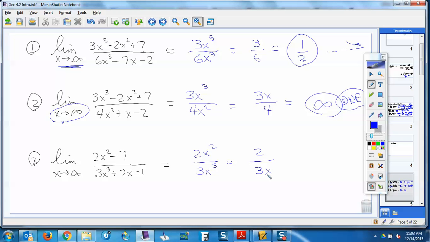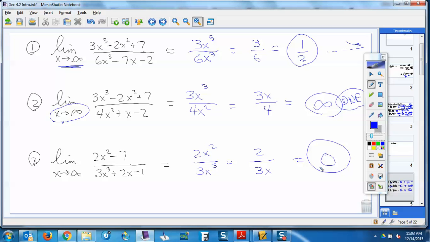So as x gets really big, the bottom's getting really big. 2 divided by a really big number is approaching 2 over 1,000,000,000. It'd be 0.0000002. It's getting smaller and smaller. It's going towards 0, which is an actual answer. That's not a does not exist. That's a horizontal asymptote at the x-axis. It's approaching 0. Okay, so those are the situations.